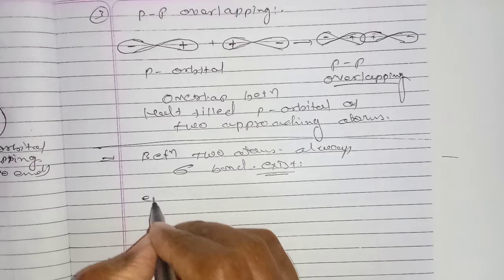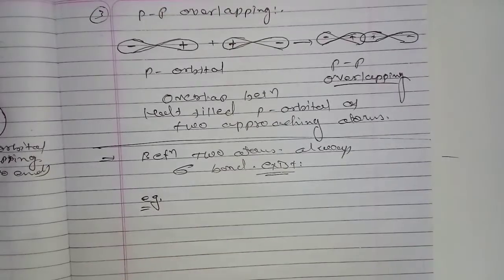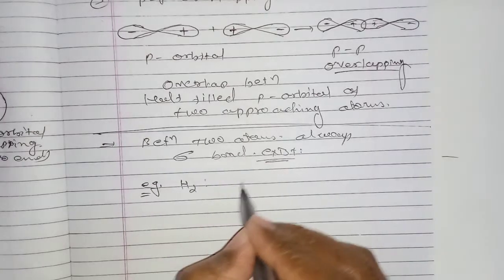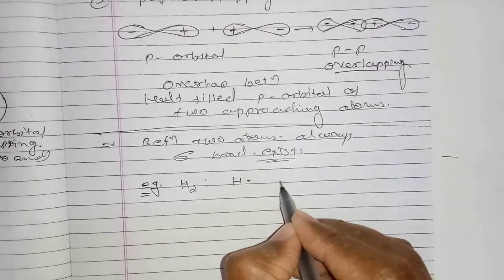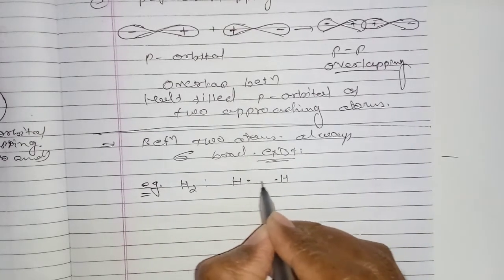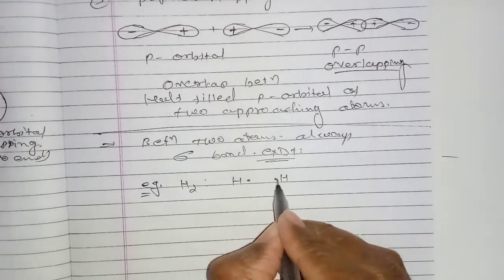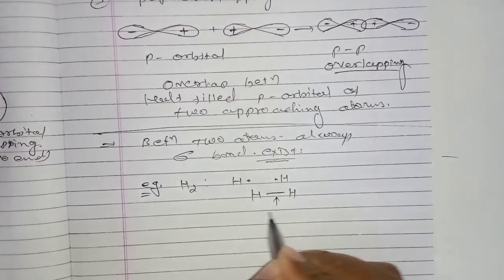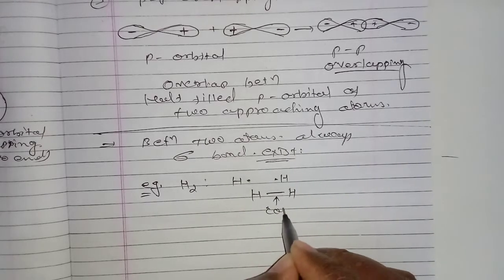For example, in a hydrogen molecule, hydrogen has an unpaired electron and shares one electron. This bond is a covalent bond.